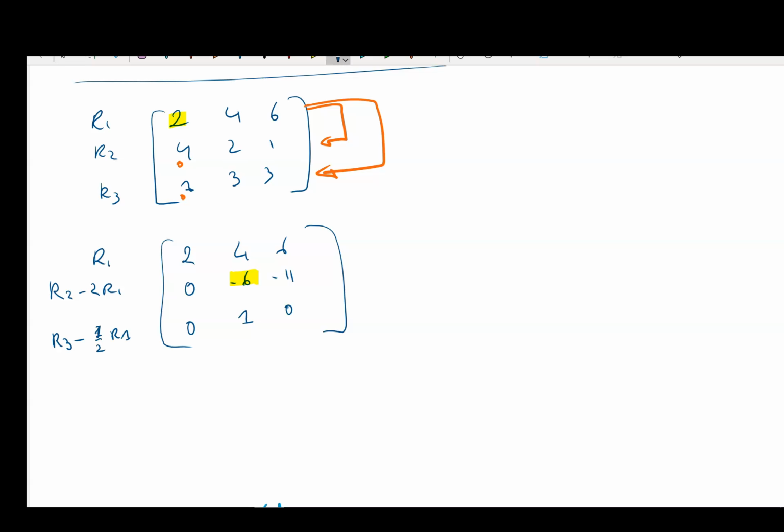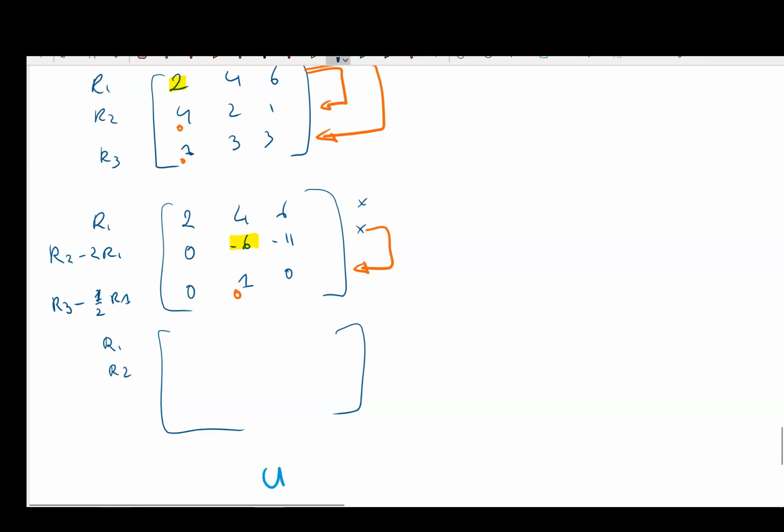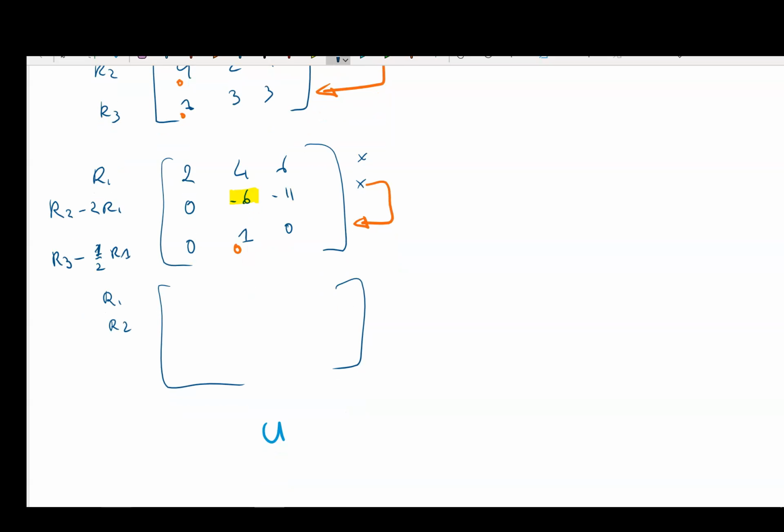So now, row 1 is just going to remain the same. Row 2 is going to remain the same because this is my pivot row, and you are going to combine that row 2 with this one in order to put a 0 here. Same strategy. So row 1 and row 2 remain the same, and we get 2, 4, 6 for the first row, 0, -6, -11.